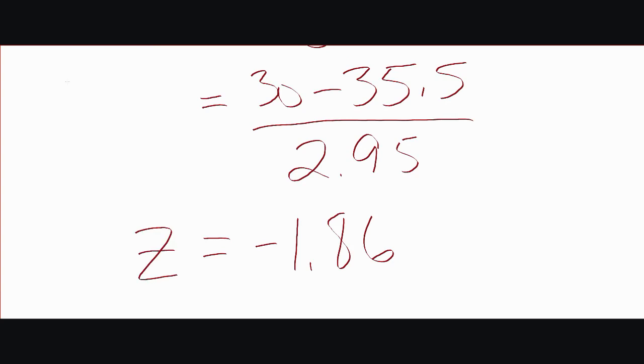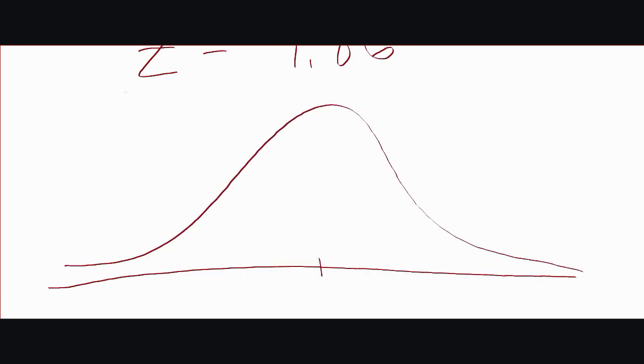Now, the next step that we're going to do is we're actually going to look into the standard normal table to find the p-value. But before we do that, let's identify what the p-value actually is. So remember, if we look at our bell curve, we know the mean is in the middle of our standard normal distribution. So what we did is we standardized our values so that it fits this standard normal distribution. And we know that the mean is equal to 0 here.